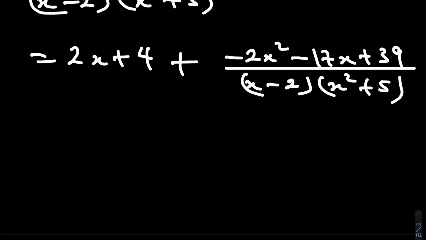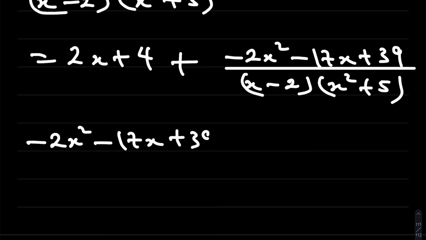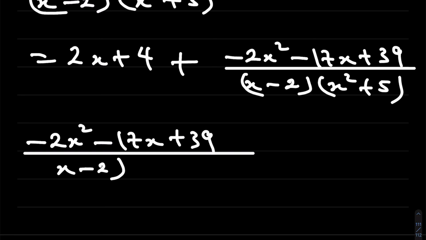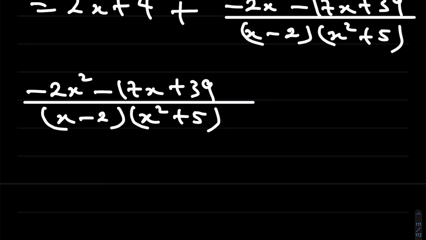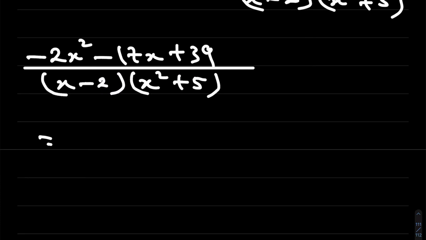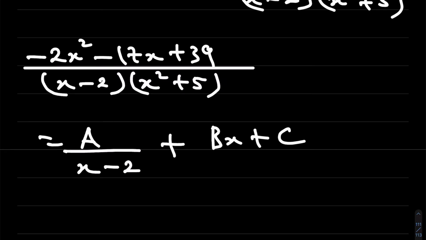So minus 2x squared minus 17x plus 39 over x minus 2 times x squared plus 5 will be equal to a over x minus 2 plus bx plus c.